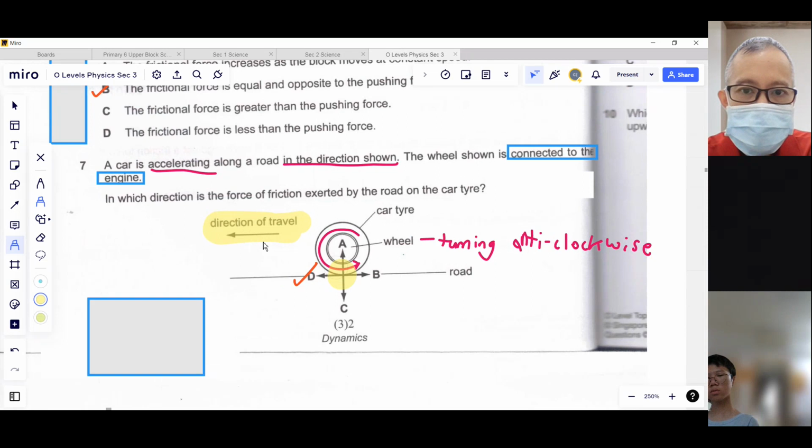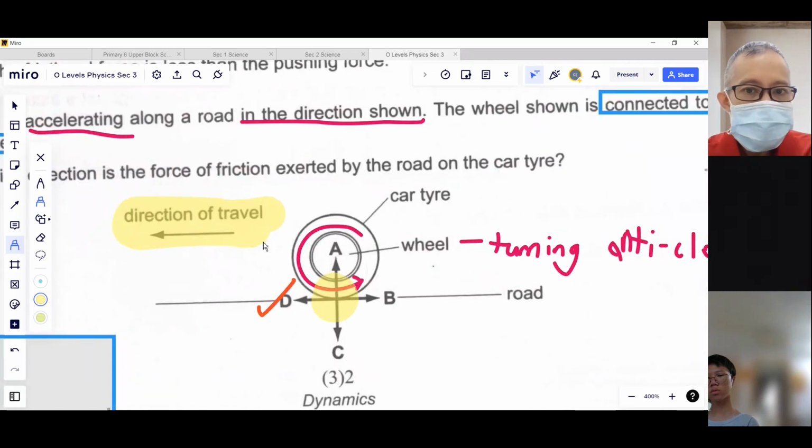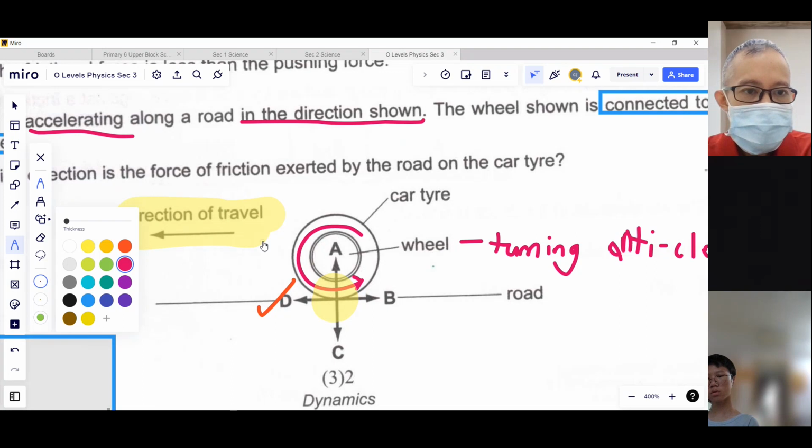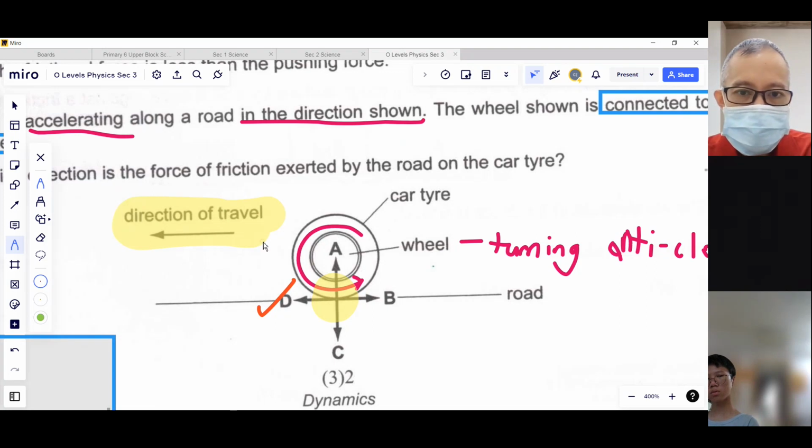All right, so therefore, the tire is rubbing against the road, and therefore, your friction is in the opposite direction on the tire.